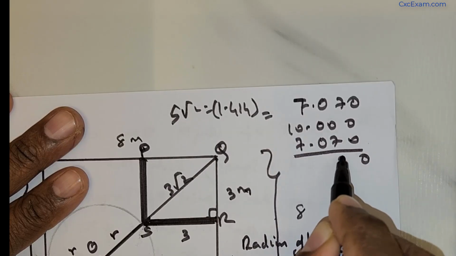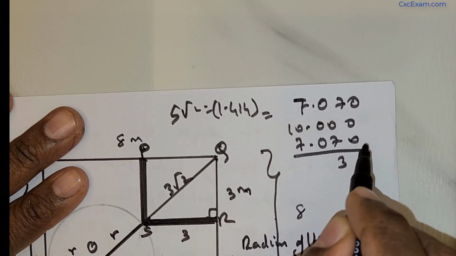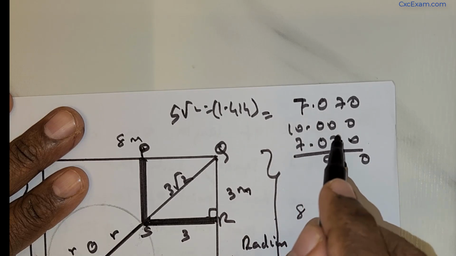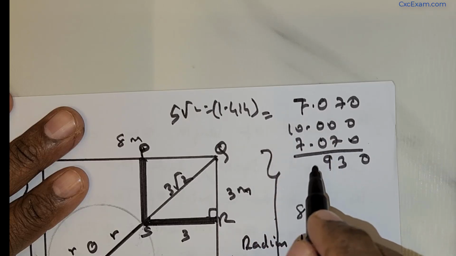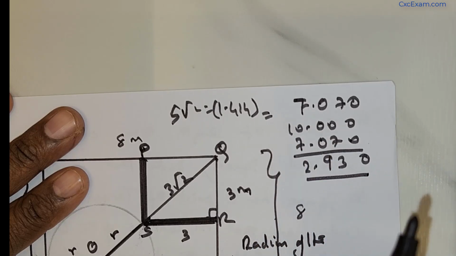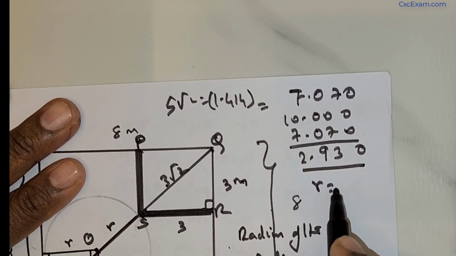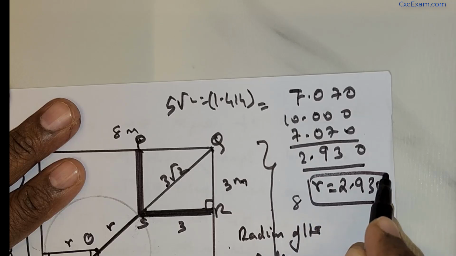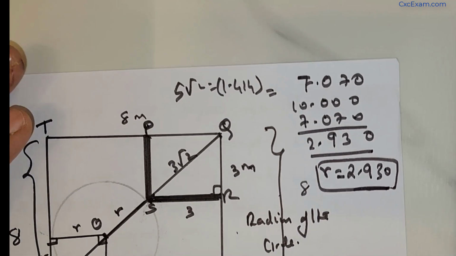What do you get? 2.930. So therefore the radius R is 2.930. This is the solution for this question.